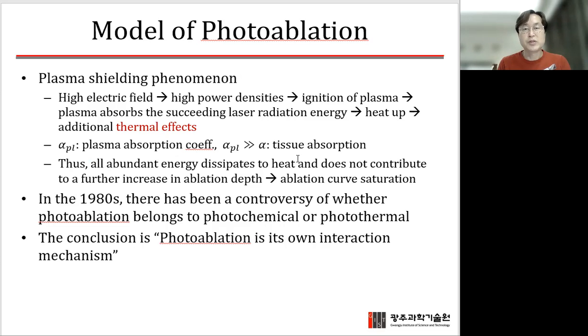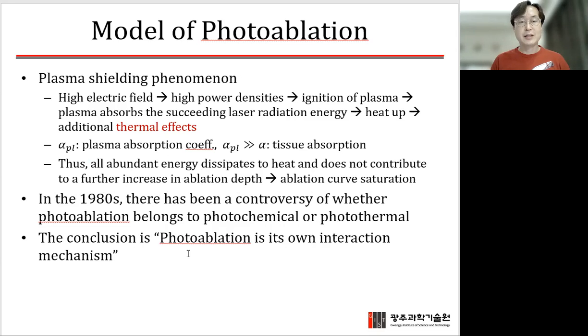So compared with the tissue absorption, this plasma absorption is much greater, so that it can absorb a lot more energy from the succeeding laser irradiation to the same spot. All of this huge energy is going to be dissipated to heat, and the incoming laser energy cannot contribute to a further increase in the ablation depth, so this ablation curve is going to be saturated.